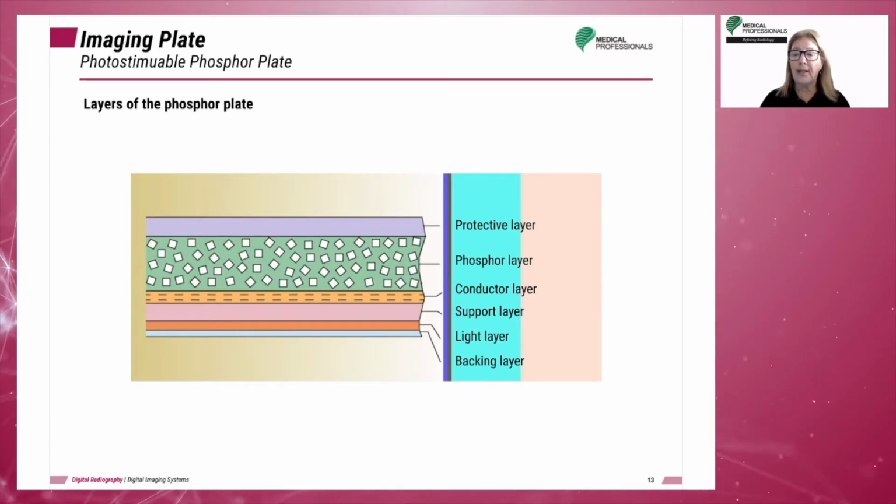The support layer is made of a sturdy material that gives rigidity to the plate. And finally, the backing layer is a soft layer that protects the back of the plate. Layers may have alternative names depending on the source of information.